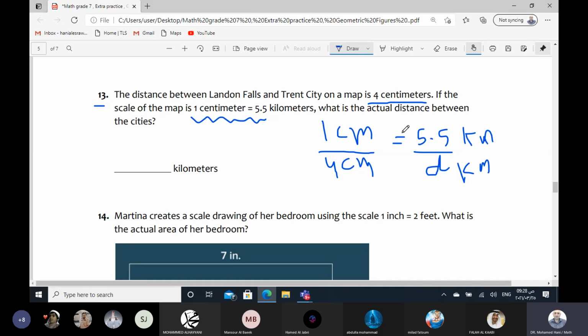So we have equality between two ratios, which means we have a proportion, so we can use the cross product. 1 times D equals 4 times 5.5, which means D equals 22 kilometers.